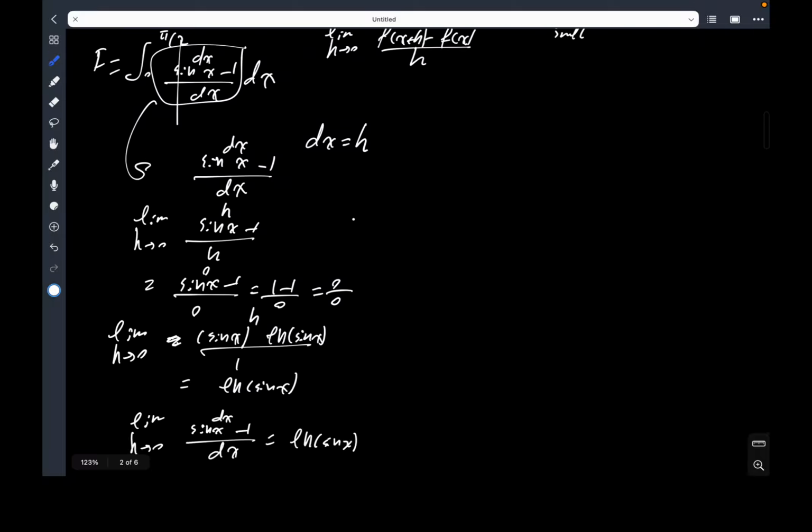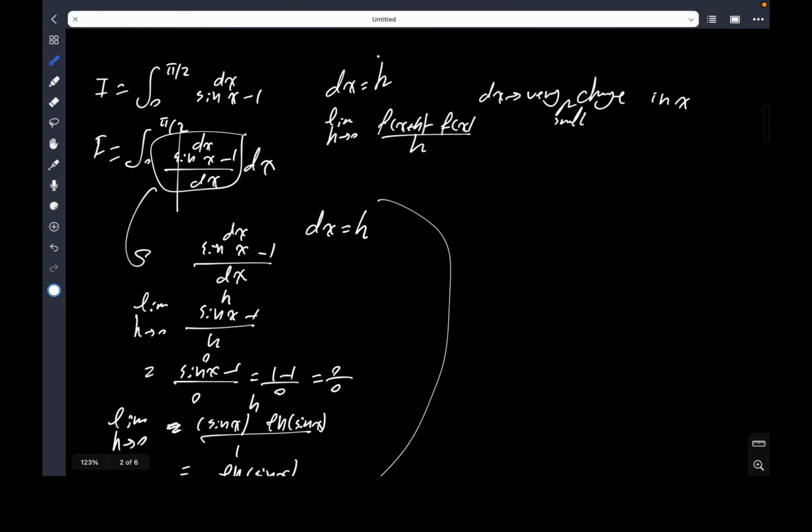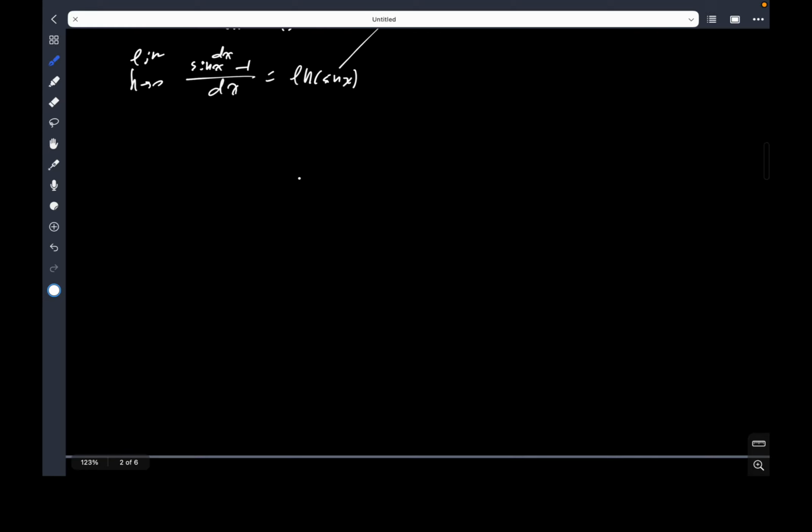And I can now plug it in here, and my integral would be the integral from 0 to pi over 2 of ln of sine x dx. The interesting thing about this integral is that it's equal to the same thing, 0 to pi over 2, of ln of cosine x dx.